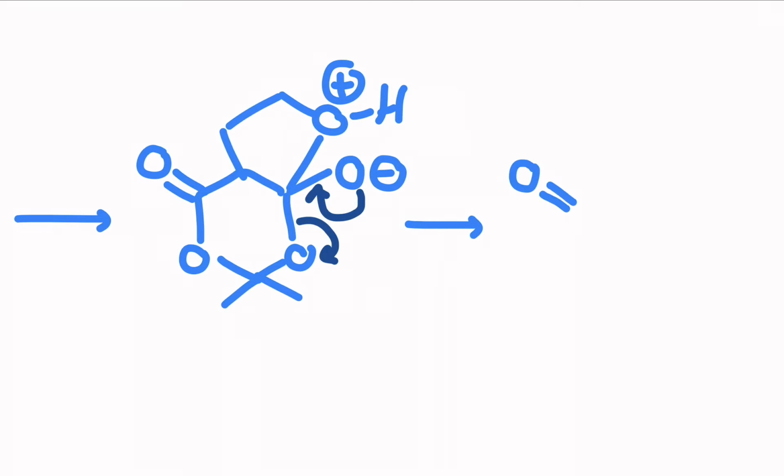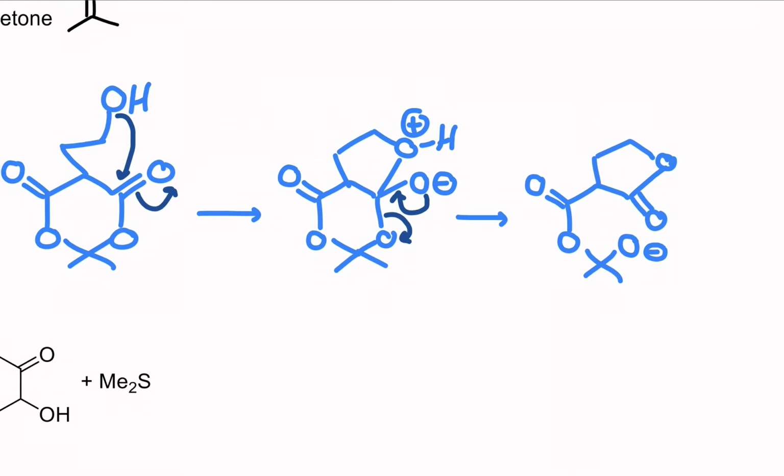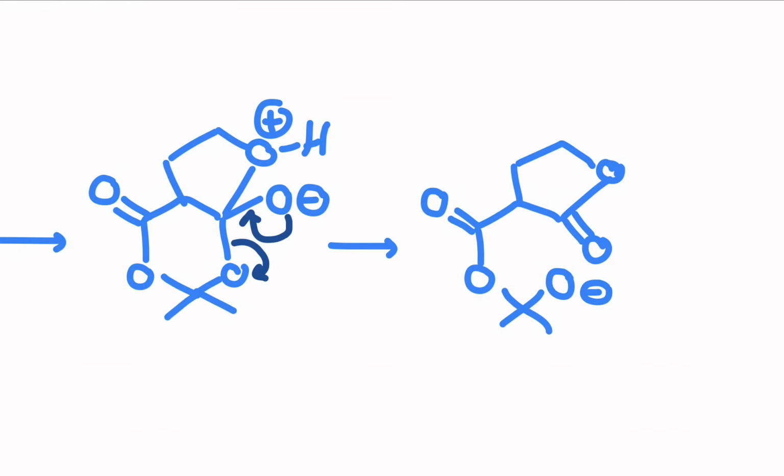That will give us a negative charge on the oxygen down there. We have the beginnings of our ketone. Sorry, of our lactone. We still have an extra H and a positive charge on this oxygen.